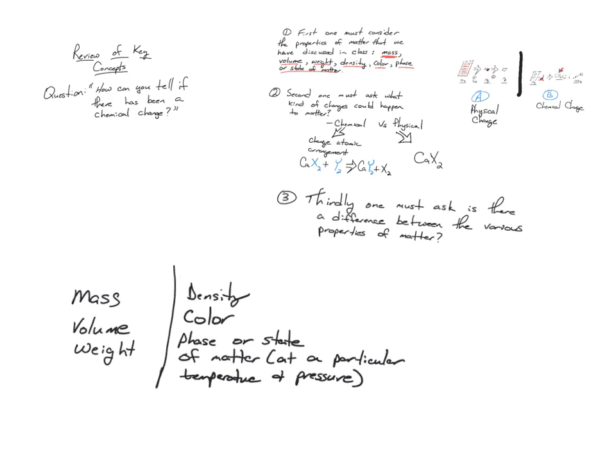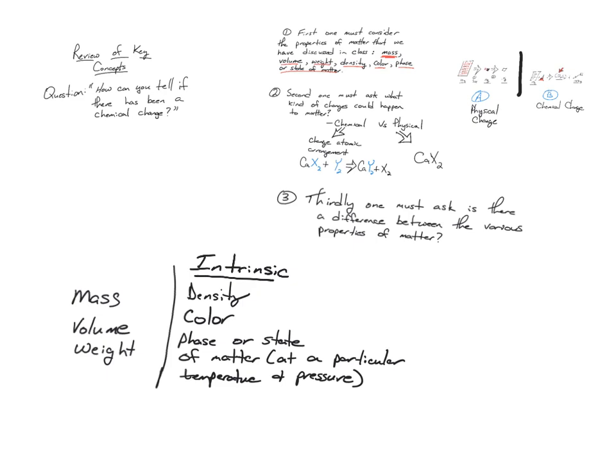By the way, these qualities here, this density, color, phase, or state of matter at a particular temperature and pressure, constant temperature and pressure, we call these things intrinsic. And what we mean by intrinsic is that they're part of that substance.